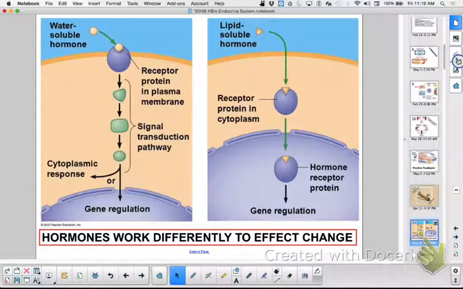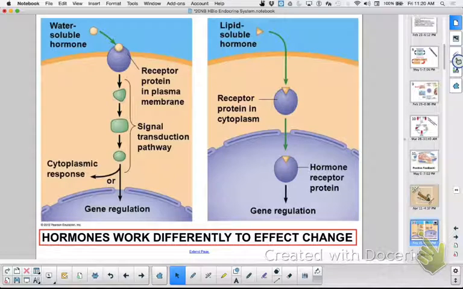So what they do is they bind to a what? A receptor. That receptor may trigger on the inside a series of reactions where this triggers this, triggers this, triggers this. That's one way. Or sometimes the receptor opens up a gate and allows something like calcium to come in.